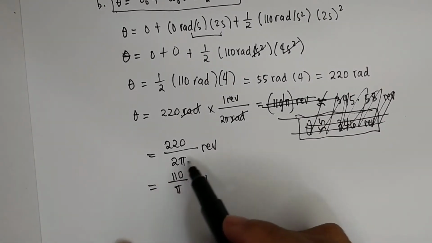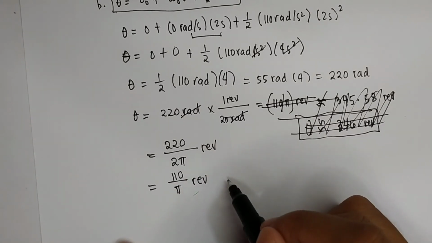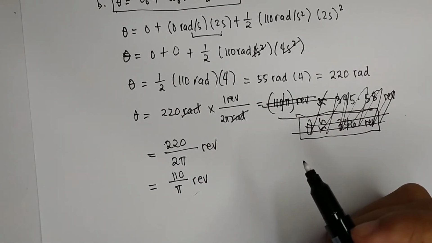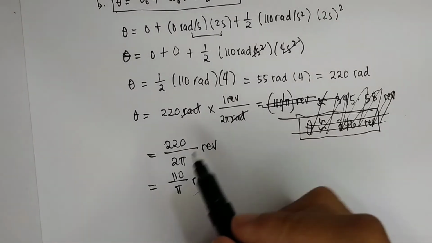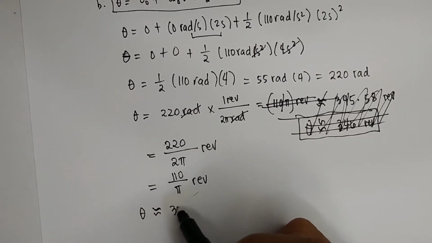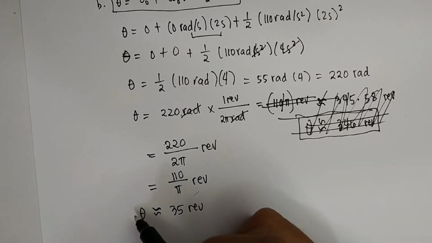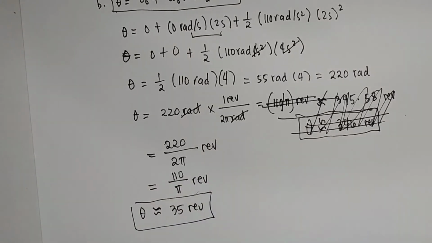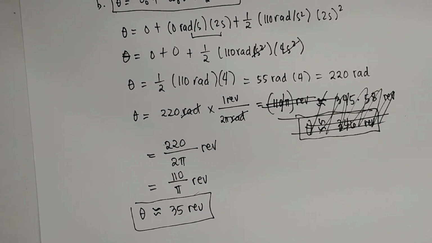We can leave it like this, or we can approximate it to the nearest whole number. So our final angle is approximately equal to 35 revolutions. That is the number of revolutions the reel makes.